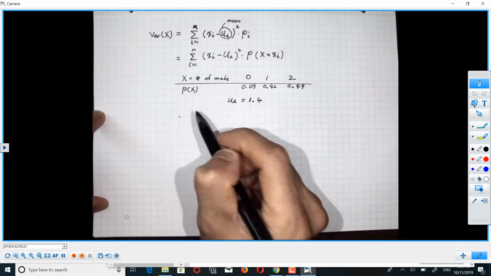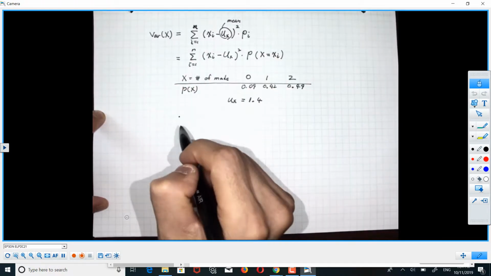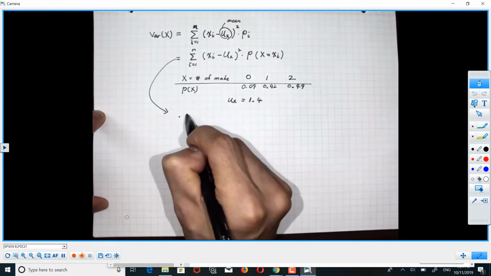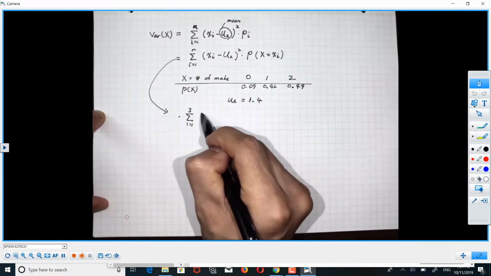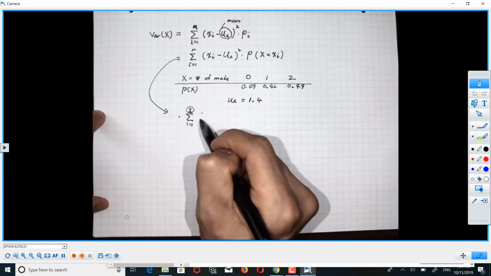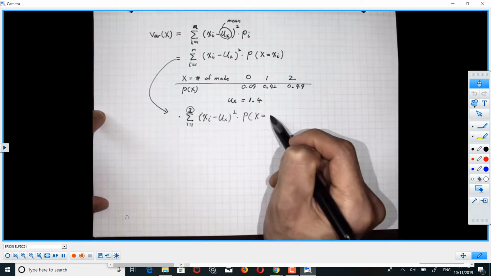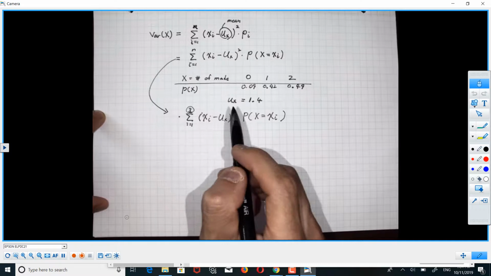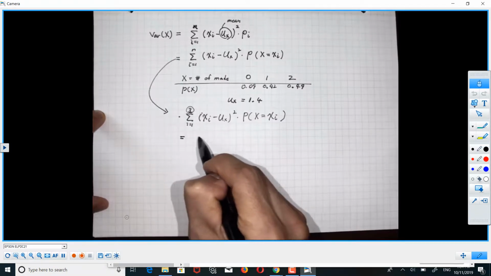According to this formula, i is equal to 1 through 3, and if I just expand this formula, n is 3, so we have x_i minus mu x squared, times the probability that x is equal to x_i, and i being 1 through 3.